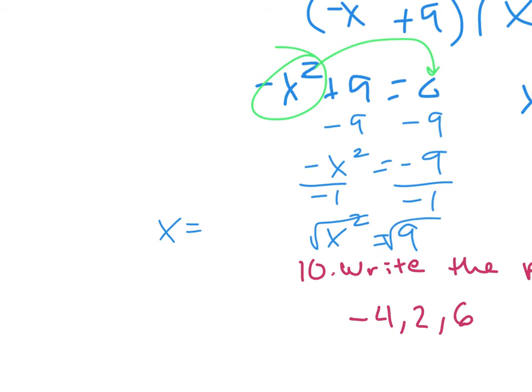What's the one thing we can't forget when we square root both sides? Plus or minus. So we have plus or minus the square root of 9, which we know is 3. So x is equal to plus or minus 3. Anytime you take the square root of both sides, you cannot forget that plus or minus.